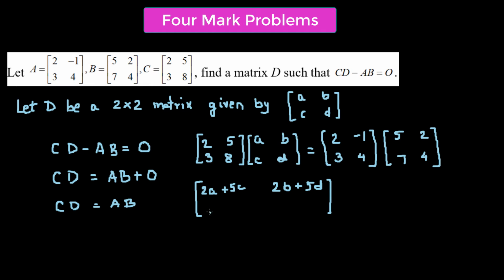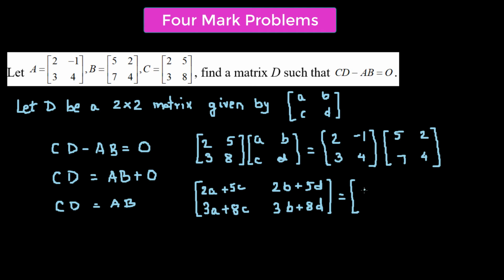Then we have 3a plus 8c, the second row multiplied by the first column of the second matrix. Similarly, we take the second row of the first matrix and multiply it by the second column of the second matrix. That gives us 3b plus 8d. And this is equal to the multiplication of A and B.